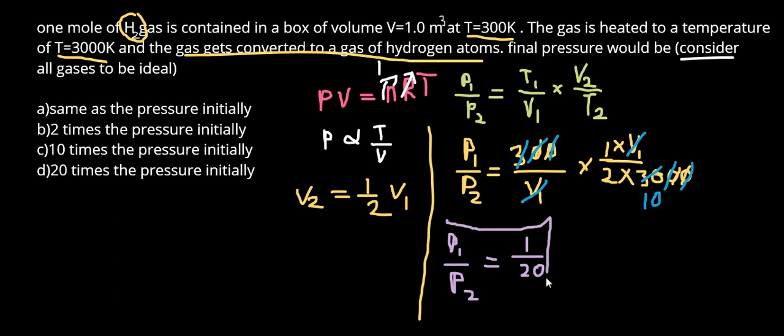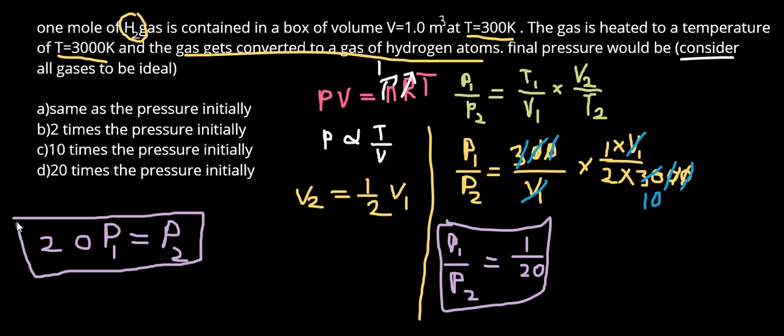So from this equation you can say that 20 times the initial pressure P1 is equal to the final pressure. So 20 times the initial pressure is the final pressure value, that is option D is the correct answer for this question. Thank you.